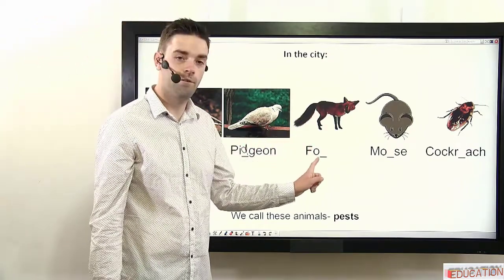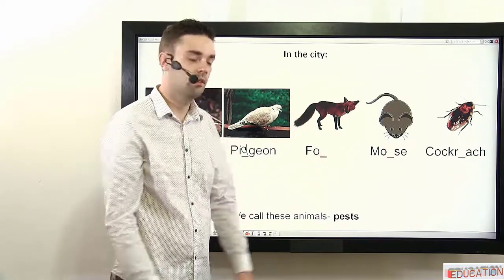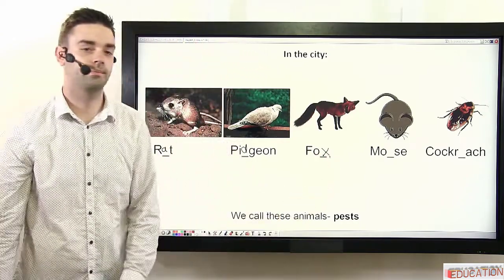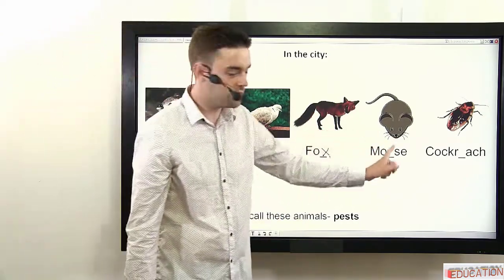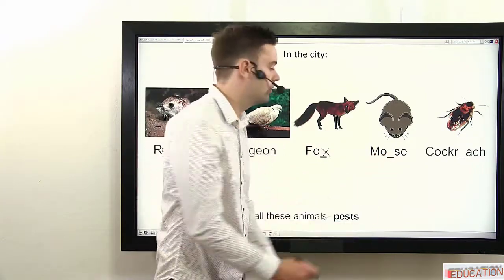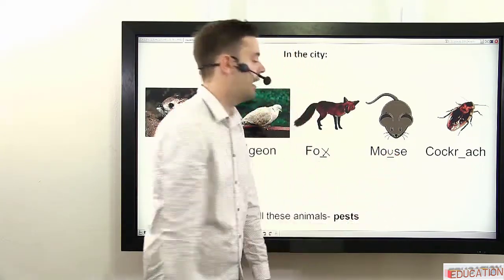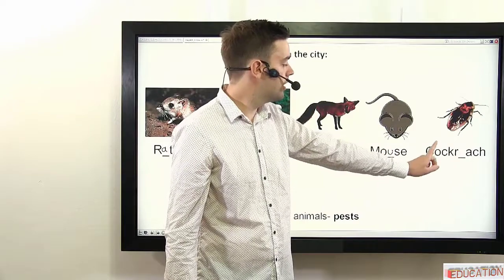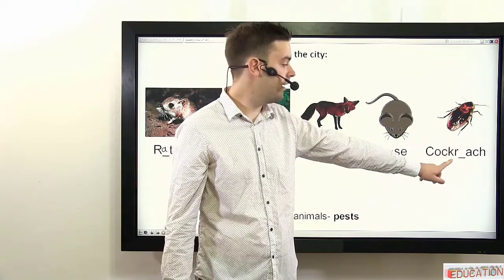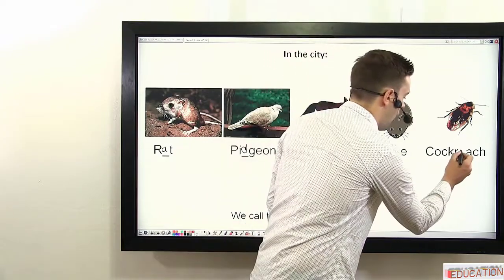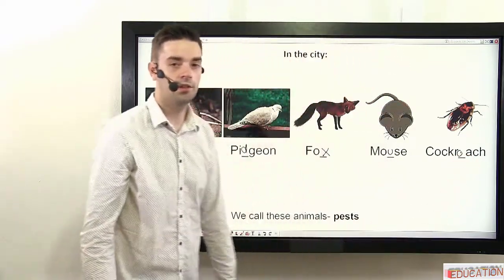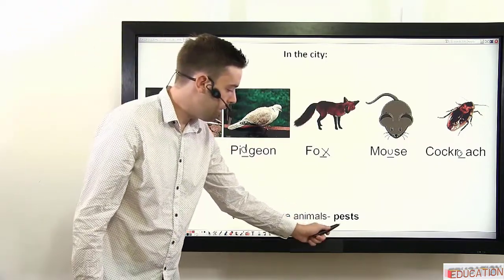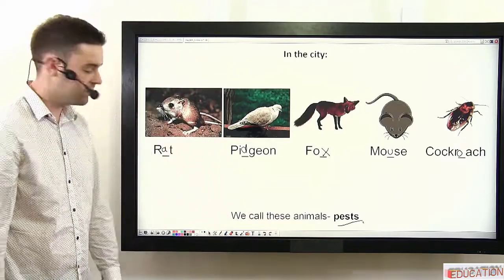F-O-X, fox. M-O-U-S-E, mouse. And finally C-O-C-K-R-O-A-C-H, cockroach. And all these animals are pests.